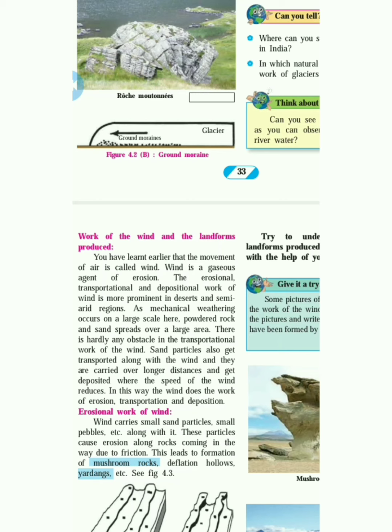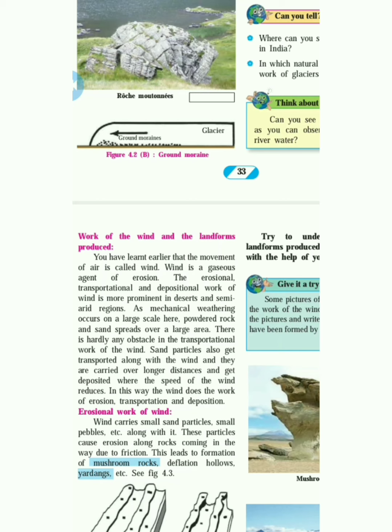Whenever the speed of the wind is high, the sand particles and the small stones travel along with it. Whenever the wind force reduces, what will happen? The sand particles and the small stones will stay there in that area. If the wind is fast, the stones will travel and fly, unless the wind speed is very high.